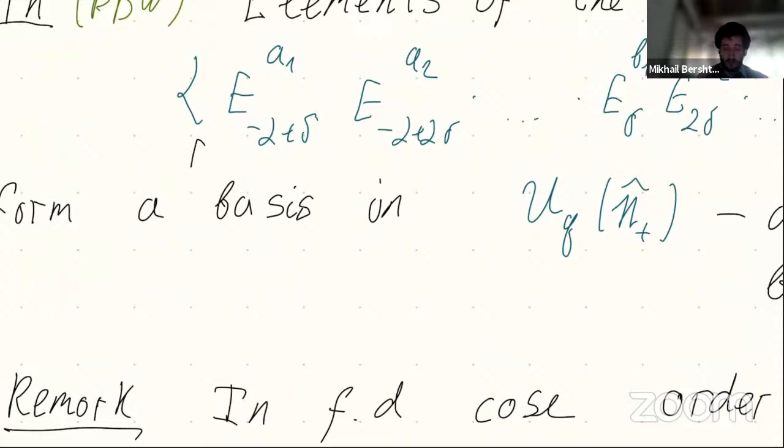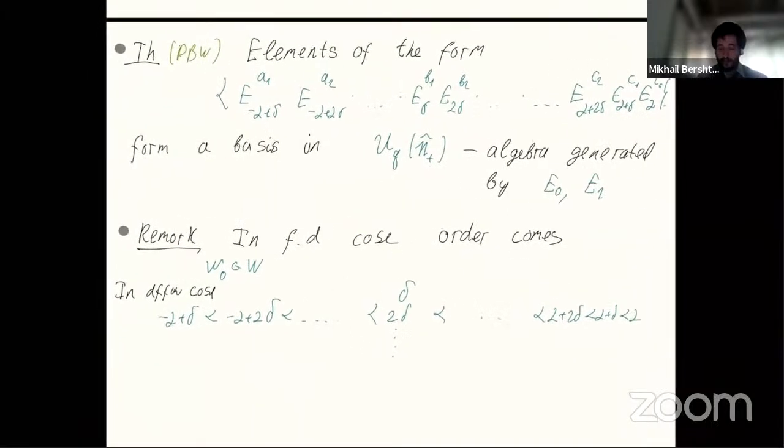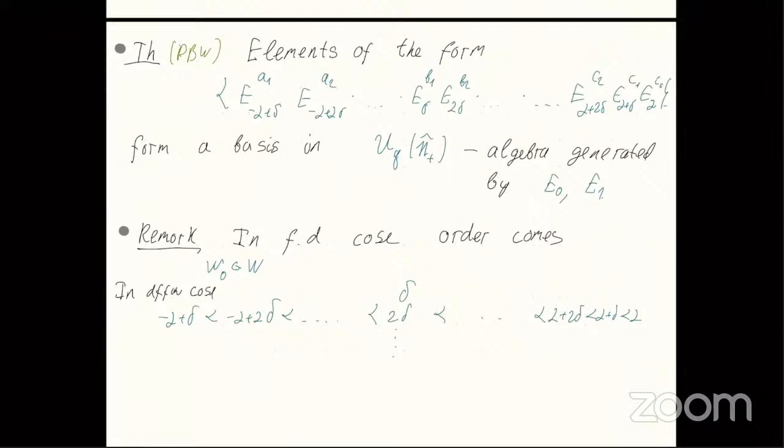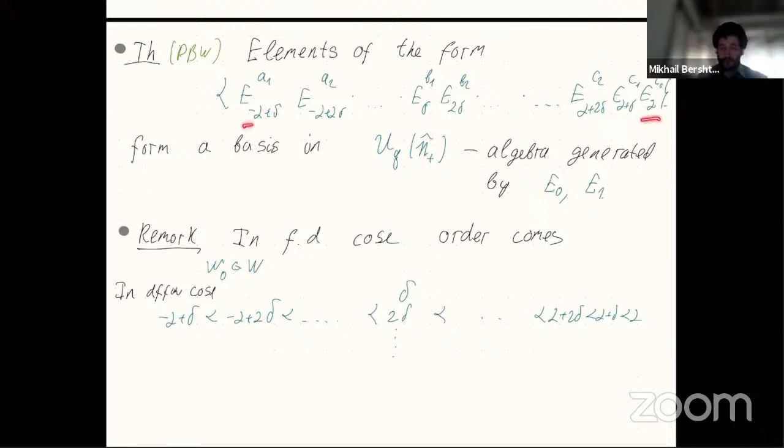And the last term is E alpha, this is E1. Yes, because I think this form is not symmetric. This is a simple root and this is a simple root.